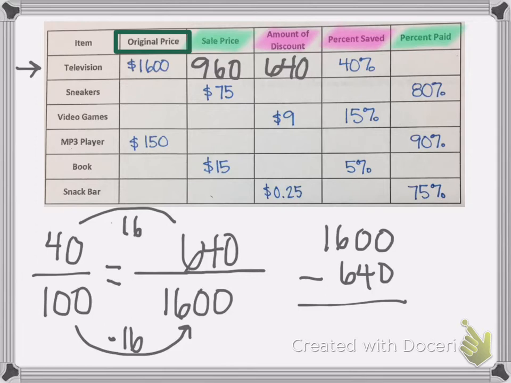So that goes there. And then one last thing, we need the percent paid. Well, I know that if I am saving 40%, I am paying the other 60% out of the total of 100%. So there is the information for the television.